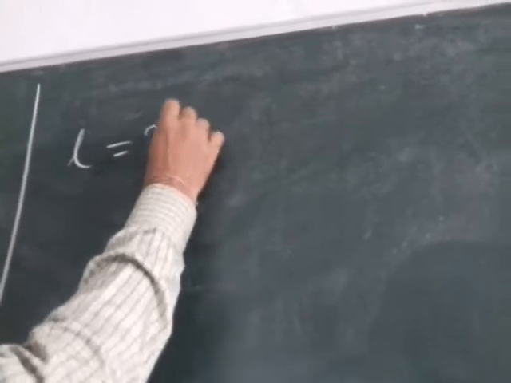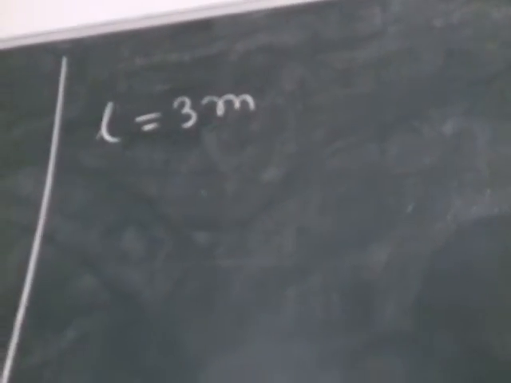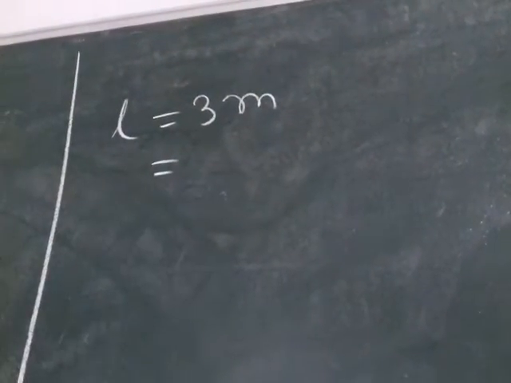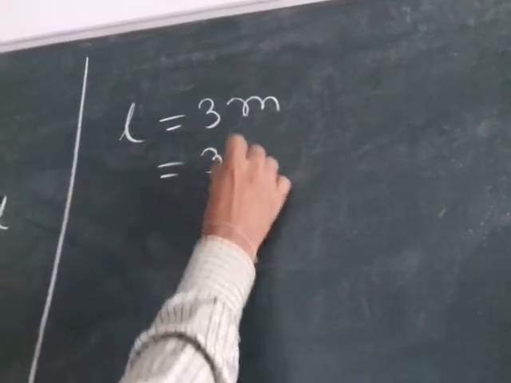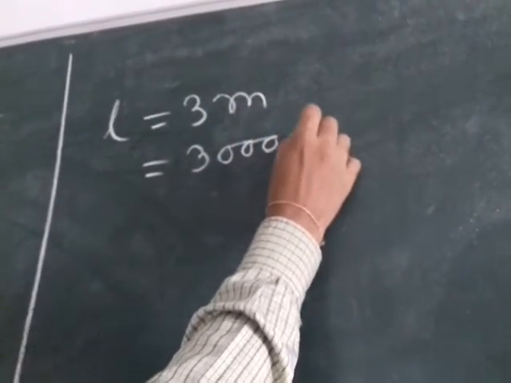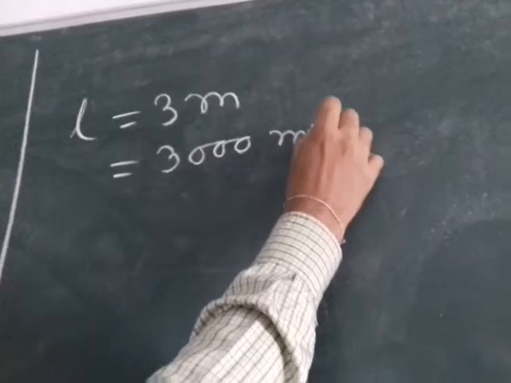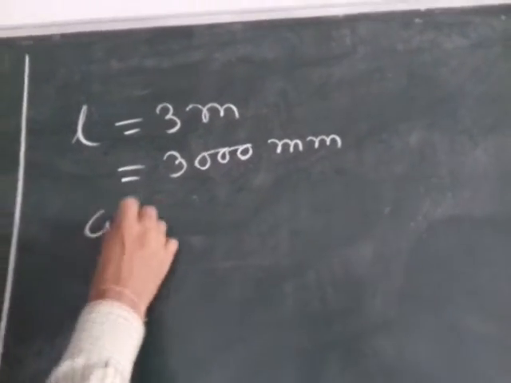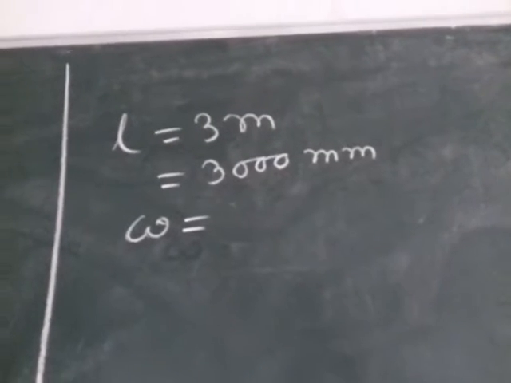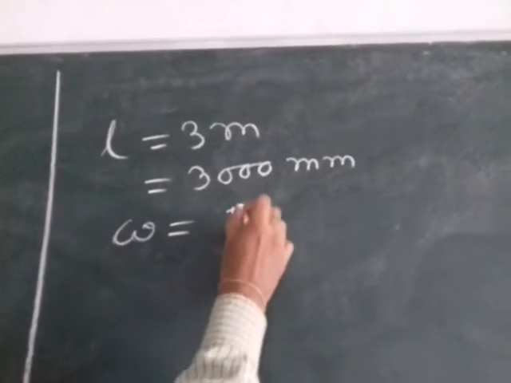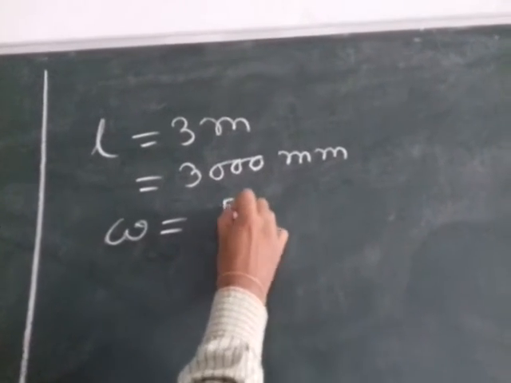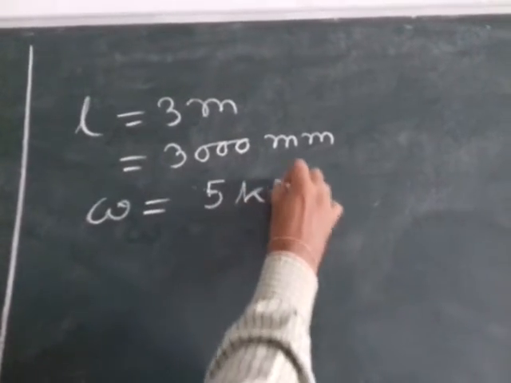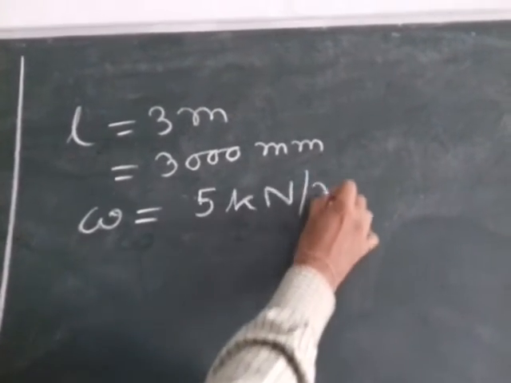At first, length L is given equal to 3 meter. We have to convert it into millimeter, so it is 3000 millimeter. Now small w is given as 5 kN per meter.